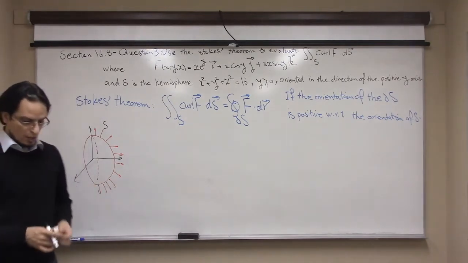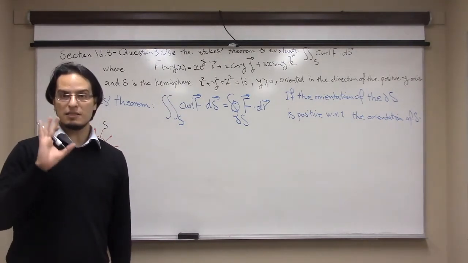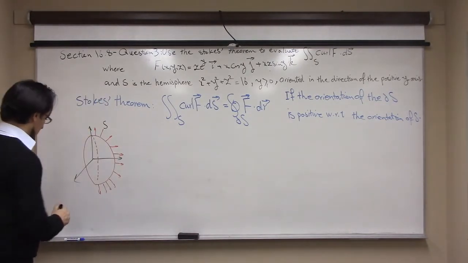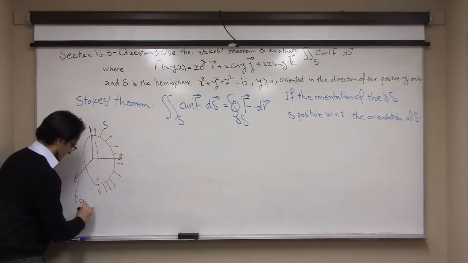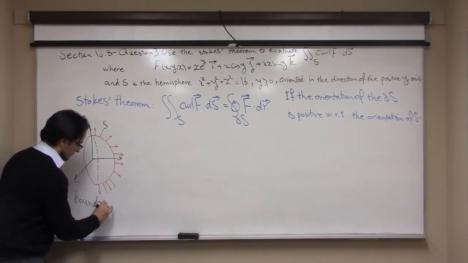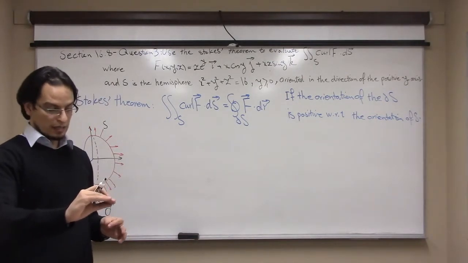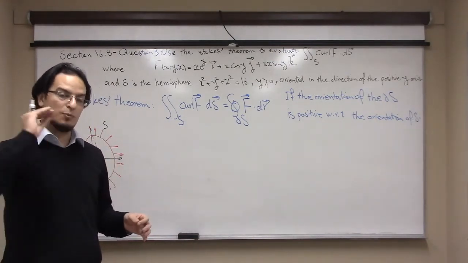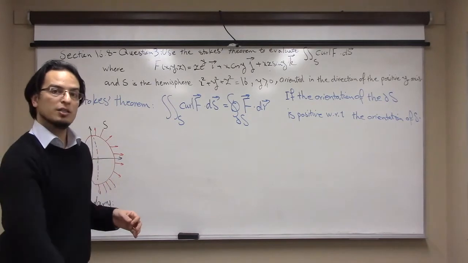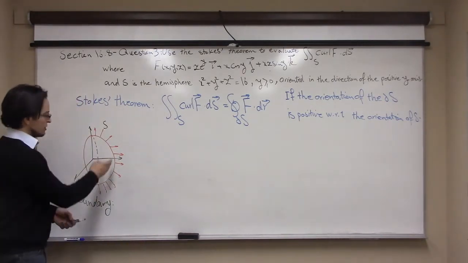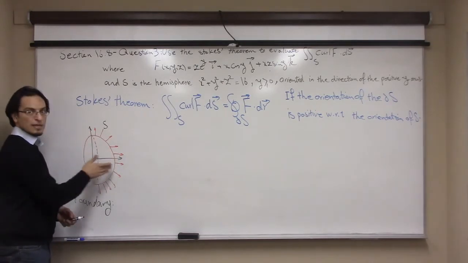Okay. The first thing to find is the boundary of this surface. The boundary of the surface is the set of all points at which you cannot continue going in 2 dimensions. So basically, if you start from this point, you can move this way, that way.